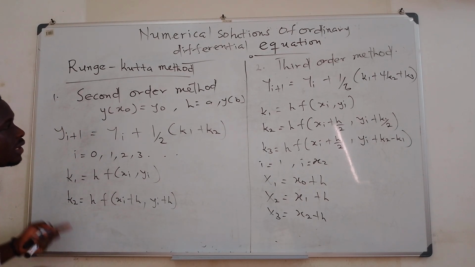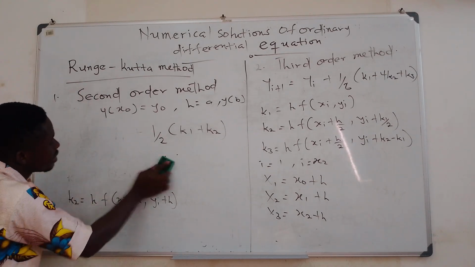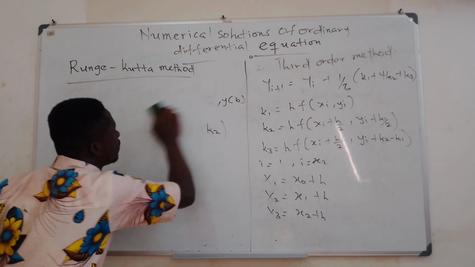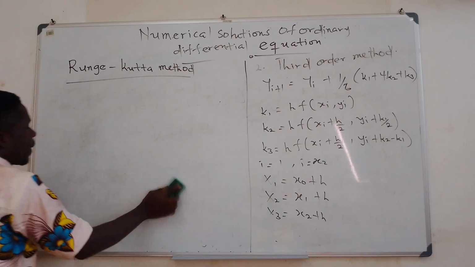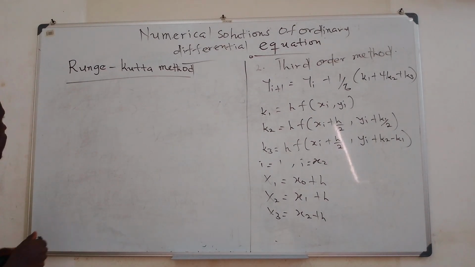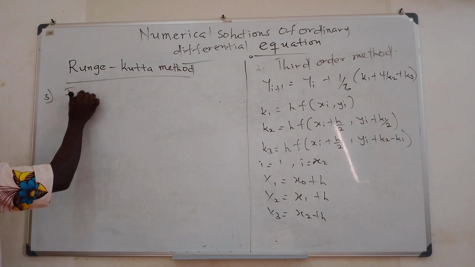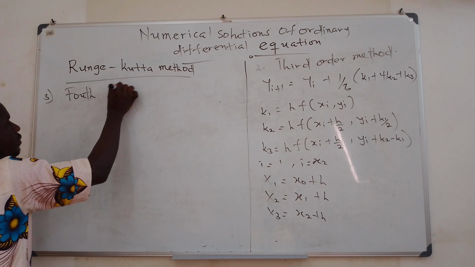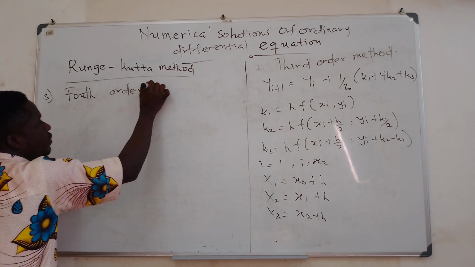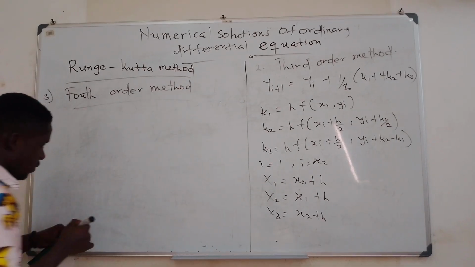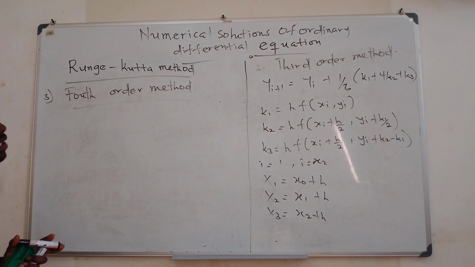Very good. Let's talk about the fourth order method, and then we start solving questions under it. I'm saying that each of the methods has its algorithm that we go by.